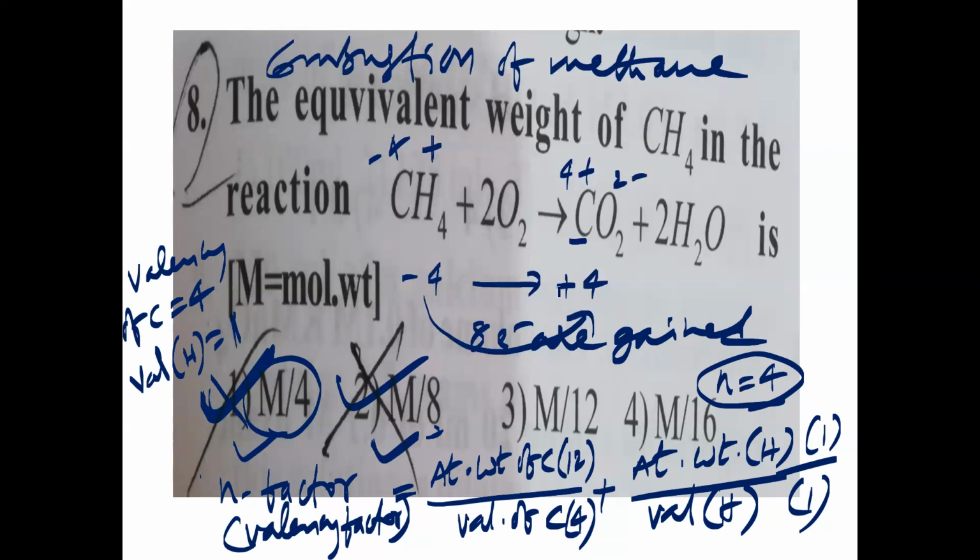If you take oxidation state concept, we get m by 8. If you take valency factor concept, it will be m by 4. So you better take m by 4 only, because CH4 is not an ionic compound. It is a covalent compound. The C minus 4 is not possible to form easily. So you take m by 4 only as the answer here. Okay. Take the screenshot of this.